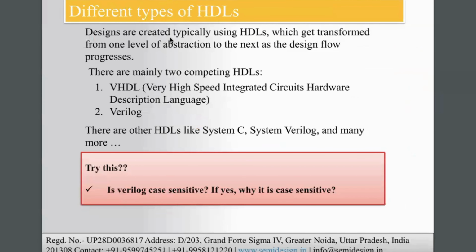So coming to the different types of HDL, we have VHDL and Verilog HDL. What is the comparison between these two, and why is Verilog HDL used worldwide? VHDL is somewhat complex. We need to include standard libraries.